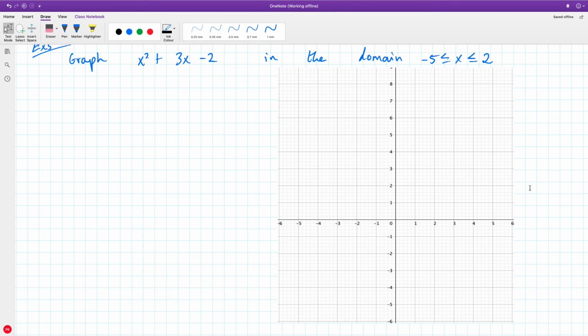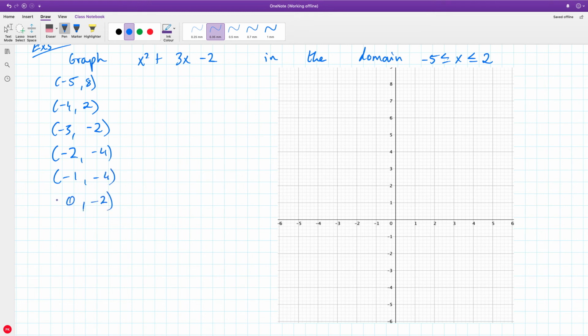So let's just confirm our points. Our first point is minus 5, 8, minus 4, 2, minus 3, minus 2, minus 2, minus 4, minus 1, minus 4, 0, minus 2, 1, 2, and 2, 8.